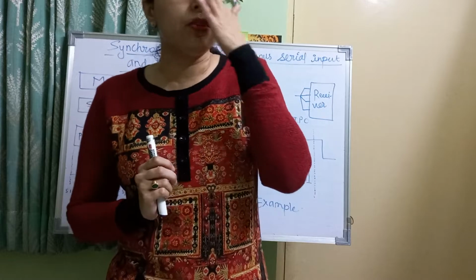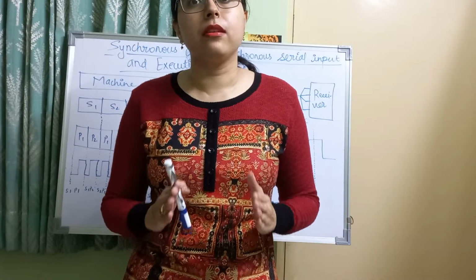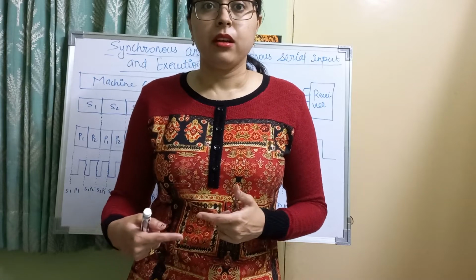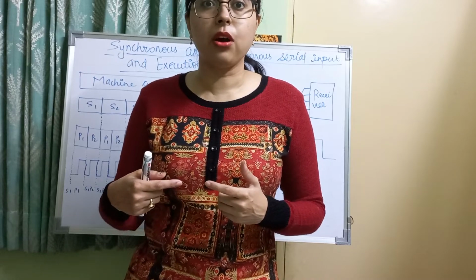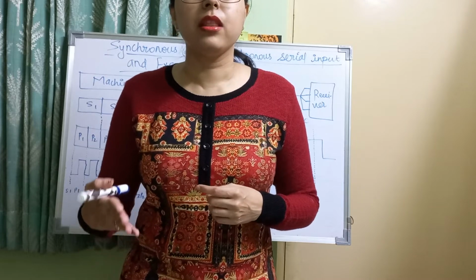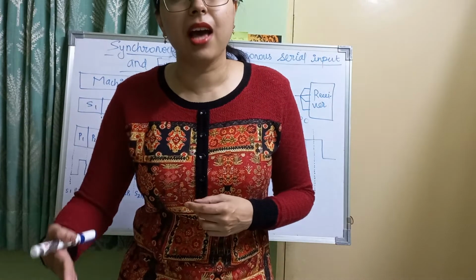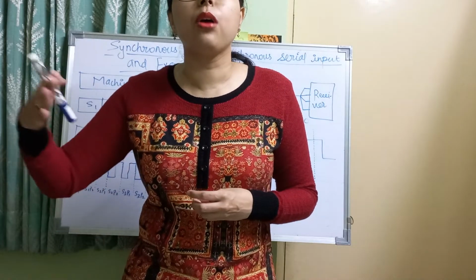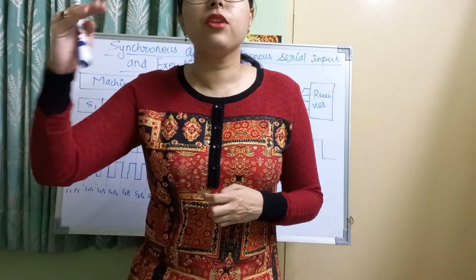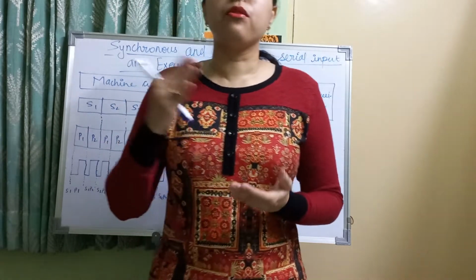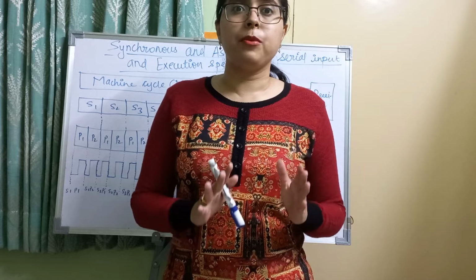See, the execution speed of a processor depends on the frequency of the clock pulses. If the frequency of the clock pulses is high, meaning the number of cycles per unit time is high, then we say it has a high clock frequency. And if the clock frequency is high, the speed of the processor is also high. If the clock frequency is low, the speed of the processor is also low.